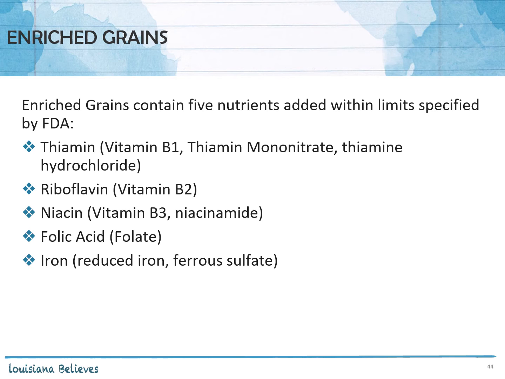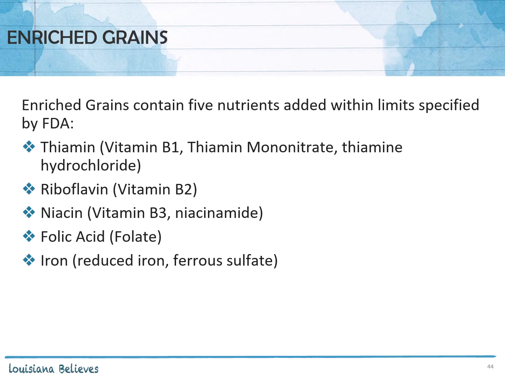All grains that aren't whole grain rich must be from enriched grains. Enriched grains are refined grains and grain products that have vitamins and minerals added to replace the nutrients lost during processing.